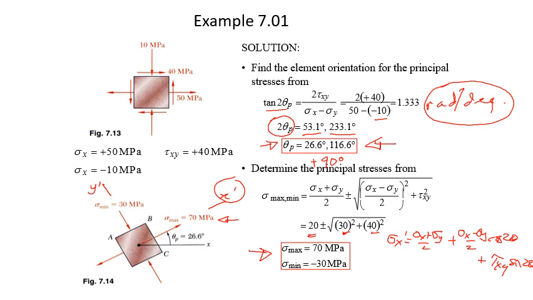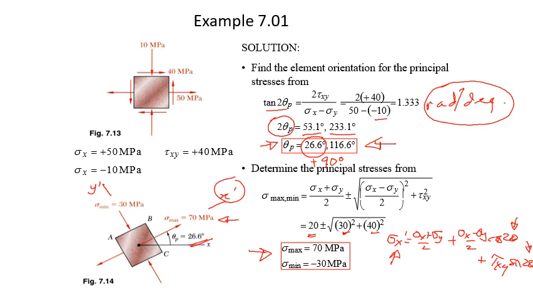What do you do? You take this angle here. For example, you take 26.6 degrees. That's the first angle here, right? That goes to x prime. Put 26.6 in this equation, theta here and here. Put in all the values of sigma x, sigma y, and tau xy, and calculate for sigma x prime.